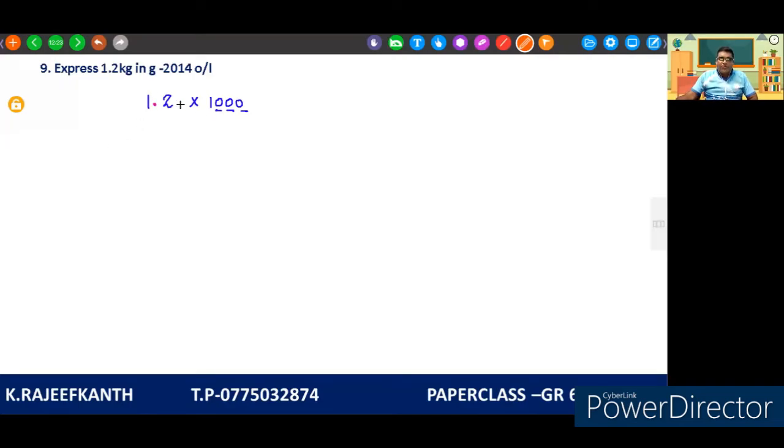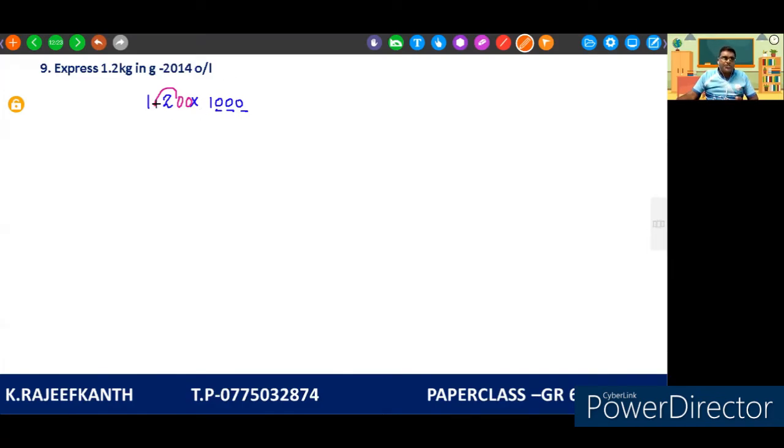Now we move it 3 digits right. There are no digits here, so we can put zeros because they have no value. 1.2 we can write as 1.20, 1.200.